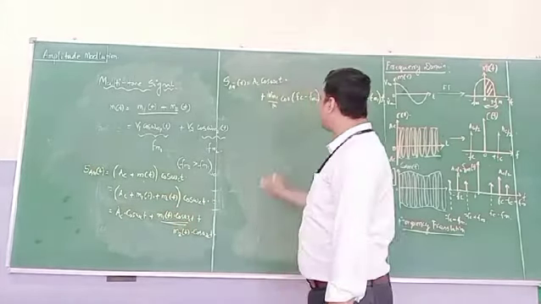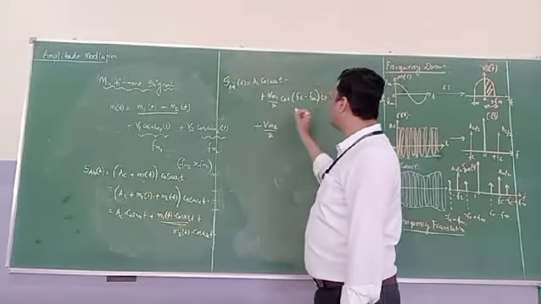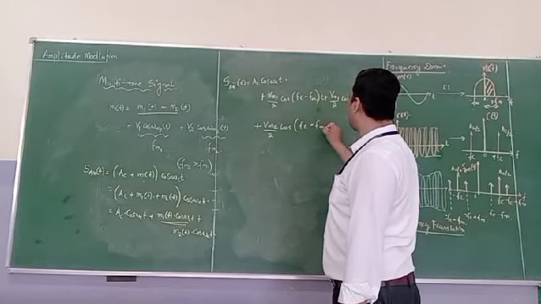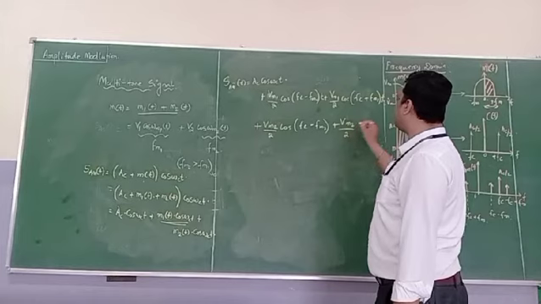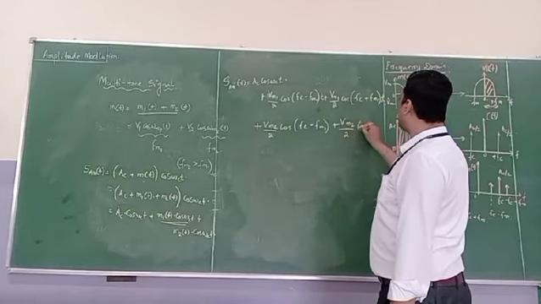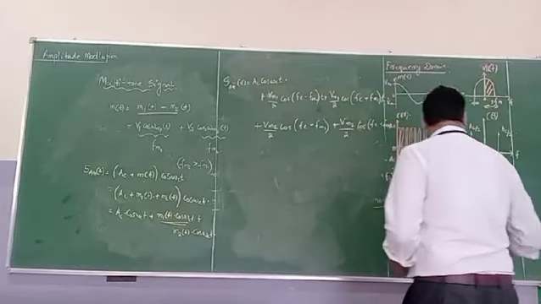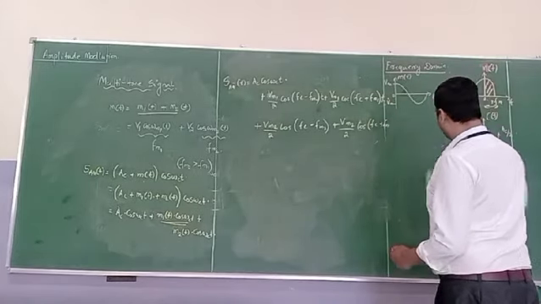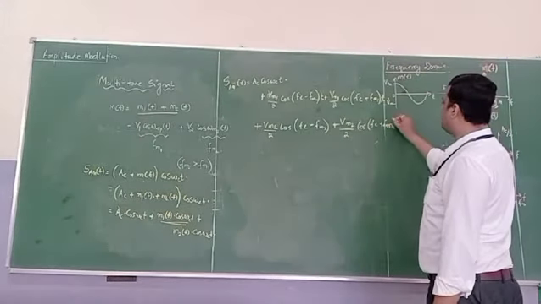Similarly, if I expand this m2 of t cos omega ct, I will get Vm2 by 2 cos of (Fc minus Fm2) plus Vm2 divided by 2 cos of (Fc plus Fm2) into t.